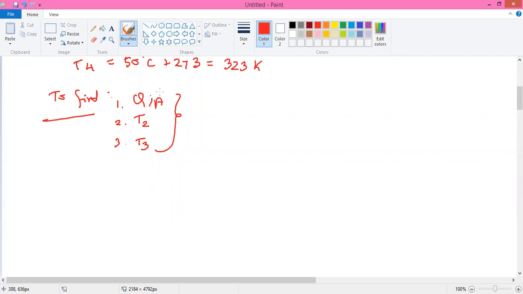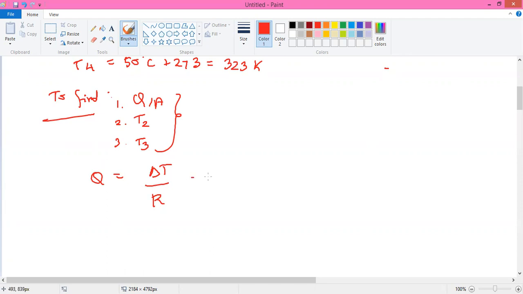Okay, so next we find the heat transfer rate with respect to per unit area. We know the heat transfer formula from the derivation, that Q is equal to del T divided by R, where R is the thermal resistance.